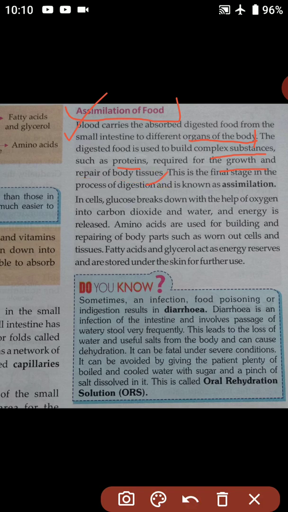This is the final stage in the process of digestion and is known as assimilation. In cells, what happens? Glucose breaks down with the help of oxygen into carbon dioxide and water.